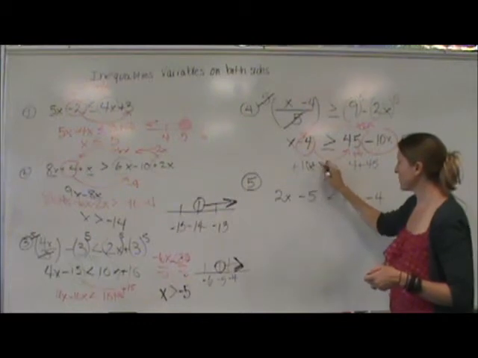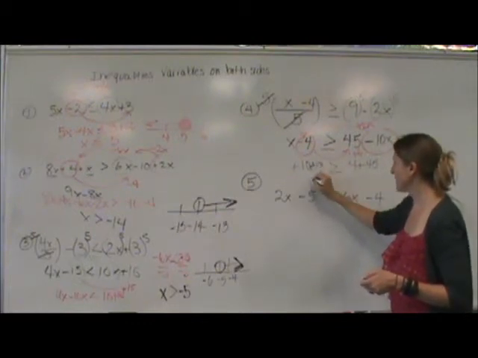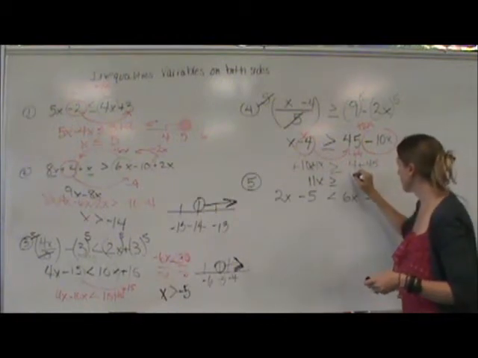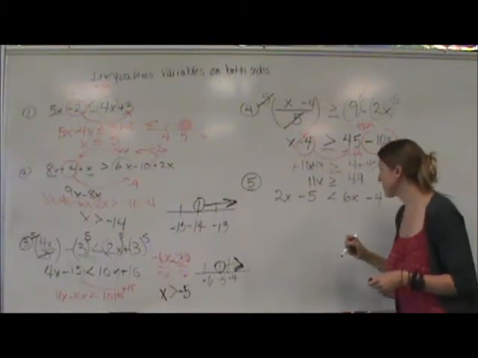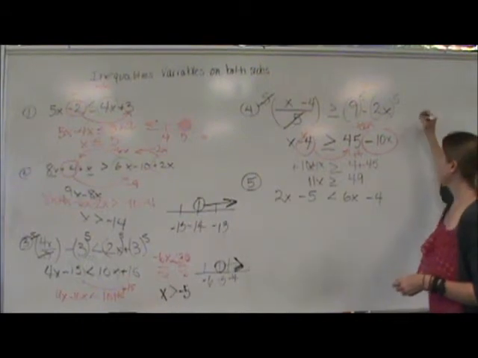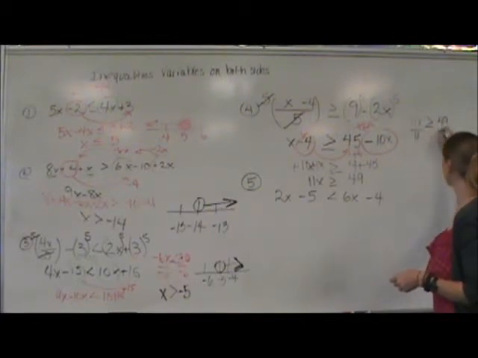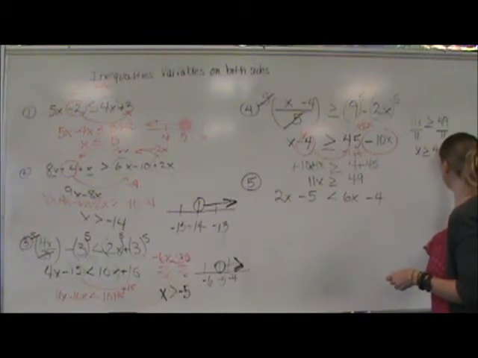When I bring these together, because this means 1, I'll get 11x is greater than or equal to 49. We'll have to divide by 11 to both sides. X is greater than or equal to 49 over 11.